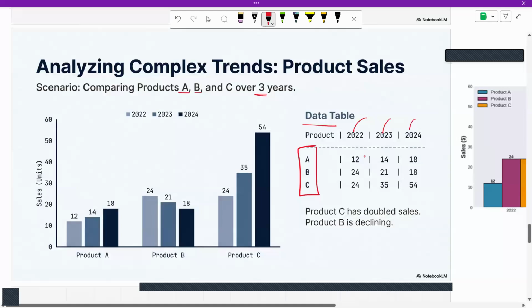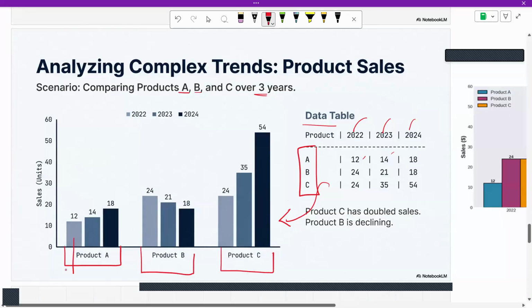And product sales are also given to you. We just plot this data here, so it looks like this. This category is for product A, this category for product B, this category for product C.